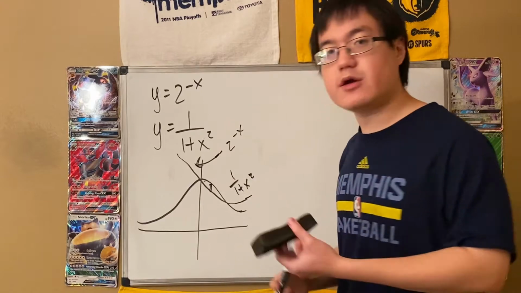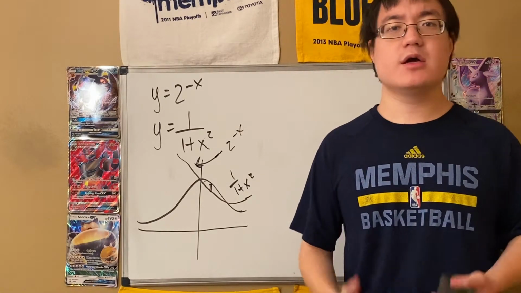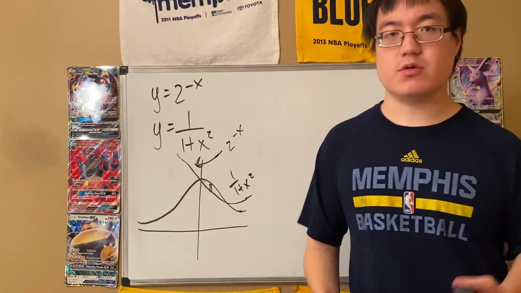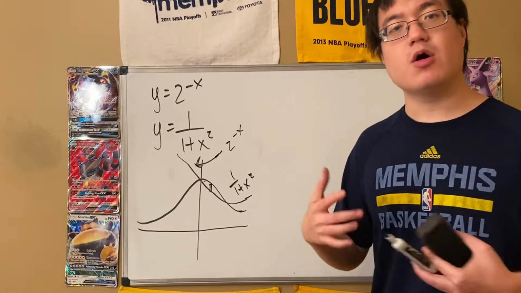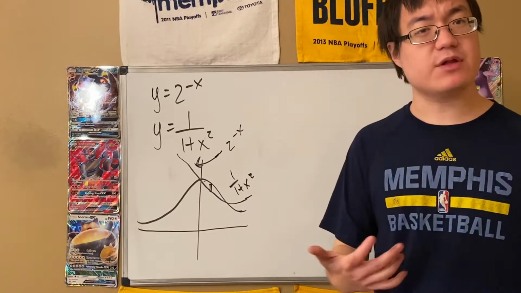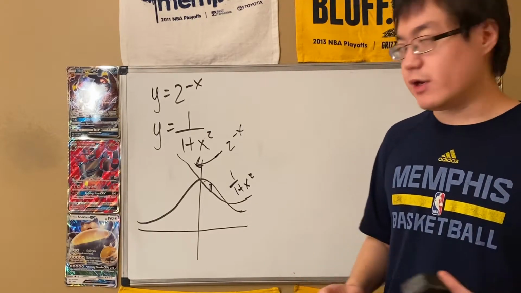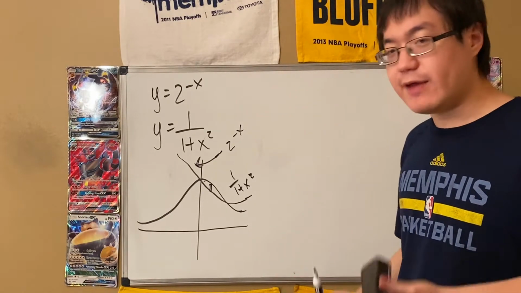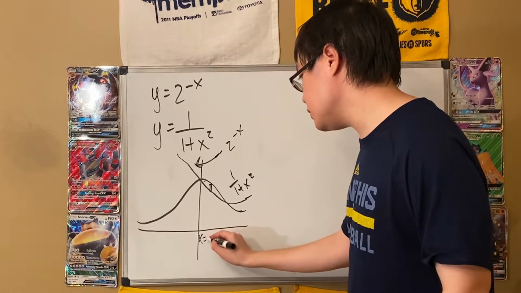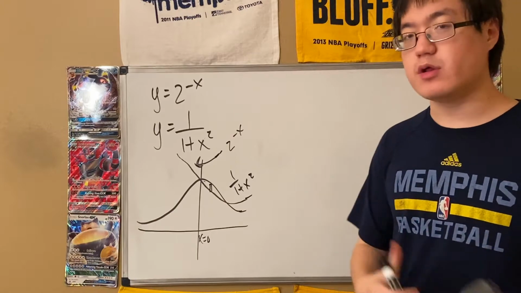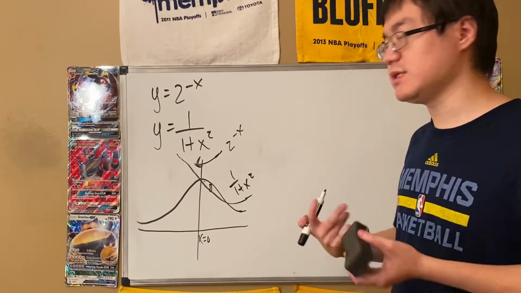Don't really focus on the intersection too much. A lot of times, again, these questions are calculator questions. So what you're going to be doing is either the solve button or graphing to find these intersection points. You're not required to find the intersection points, or potentially the intersection points are just given to you. In this case, I'm just going to note that 0 and 1 are the intersection points, if you can spot it. So notice that at this value right here, x is equal to 0, that solves both functions. 2 to the minus 0 is 1, and then 1 over 1 plus 0 is 1.